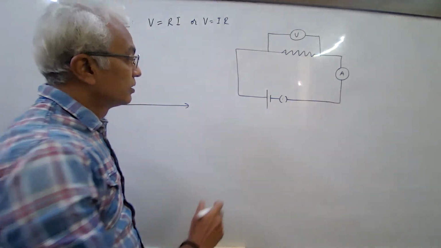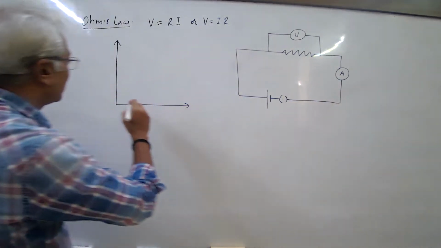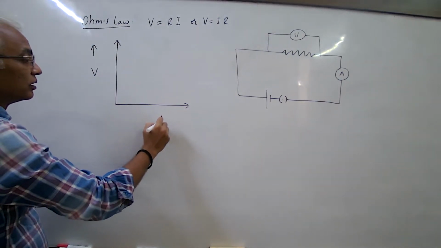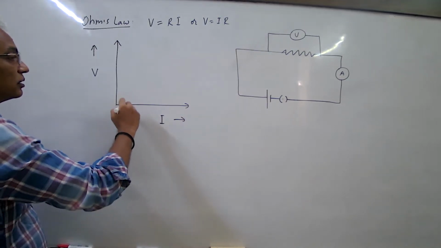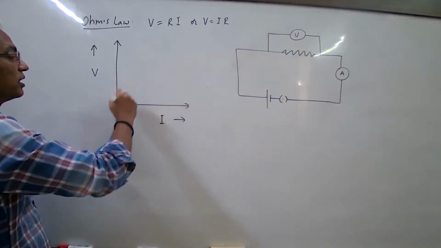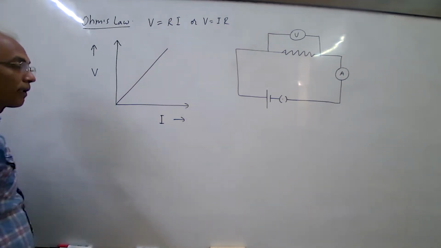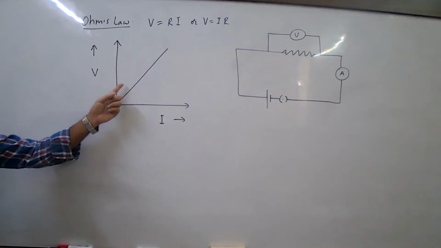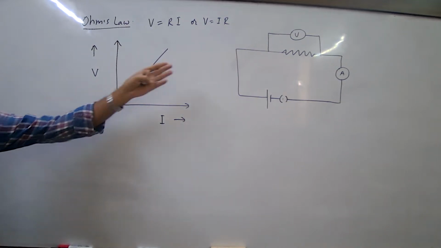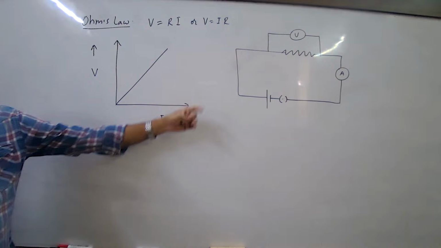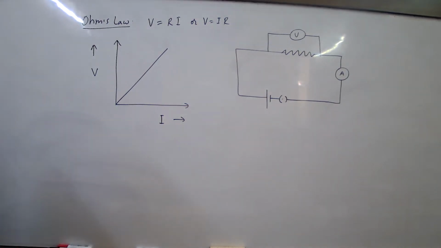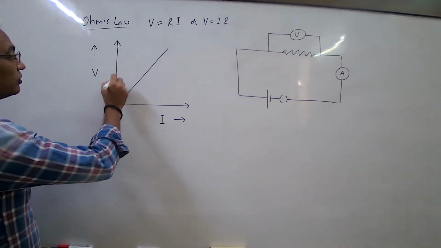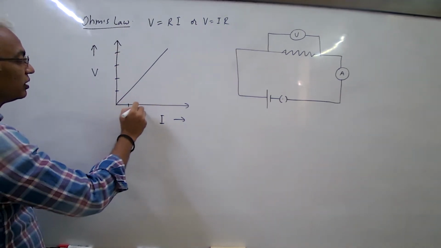When you plot the graph, by keeping V on the y-axis and I on the x-axis, then Ohm's law suggests that you should get a straight line. If you get a straight line, that means Ohm's law is verified. And this is exactly what will happen experimentally. As you increase V, I will increase accordingly.